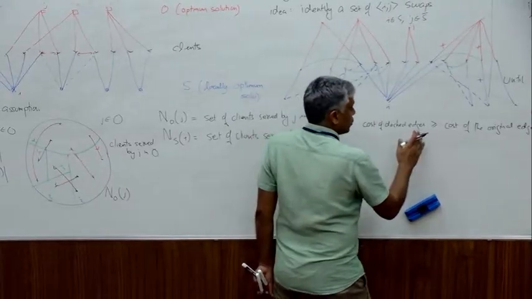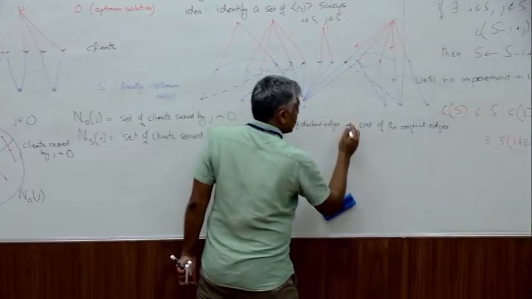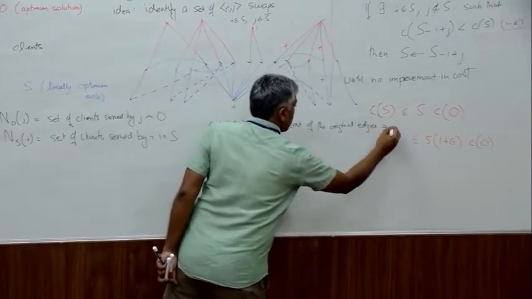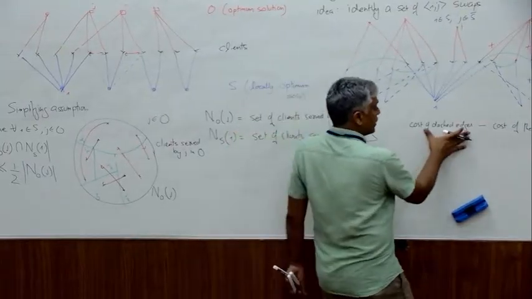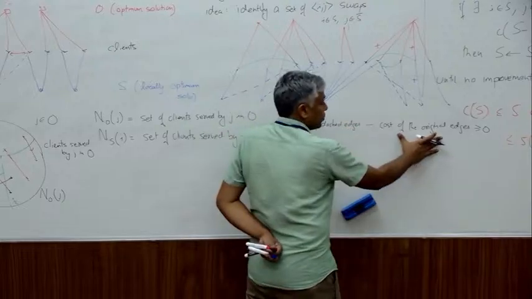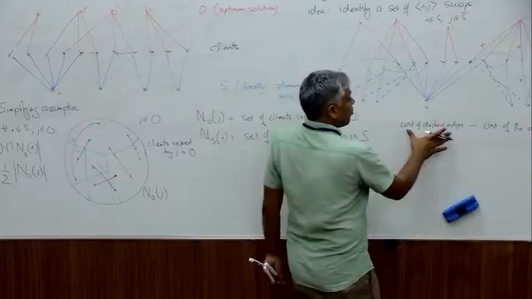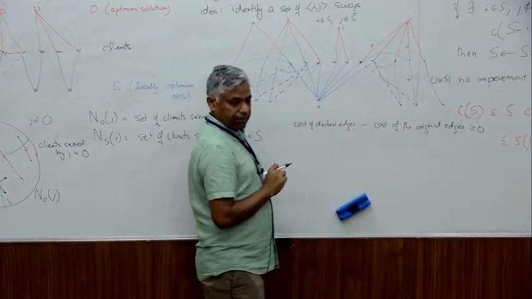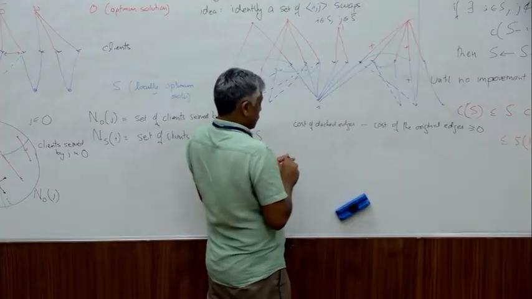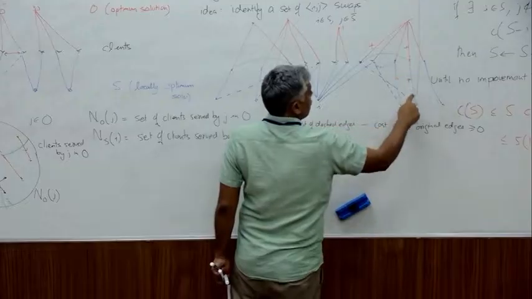Right? Because this is a locally optimum solution. So let's think of it as minus greater than or equal to 0. So this is the new cost, this is the old cost, and that's negative. That's positive. Which is why for the cost of dashed edges I'm putting a plus, because this is a plus coefficient here. So instead of this cost, I'm saying it's this cost plus this cost plus this cost.